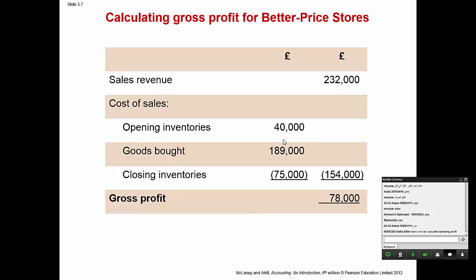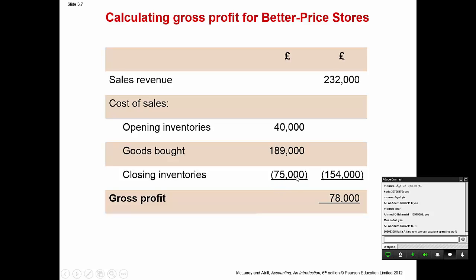But you know that during the year you are also selling some products to the customers. That means the inventory will not be 40,000 plus 189,000. It will be something else, like here the closing inventory is 75,000.